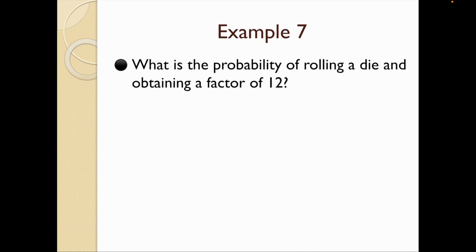All right, let's check this one now. Before we answer, what are factors? The factor of a number would be what? Numbers you can multiply to obtain a number. Numbers that go into a number equally without a remainder. Good. So it says, what is the probability of rolling a die and obtaining a factor of 12?